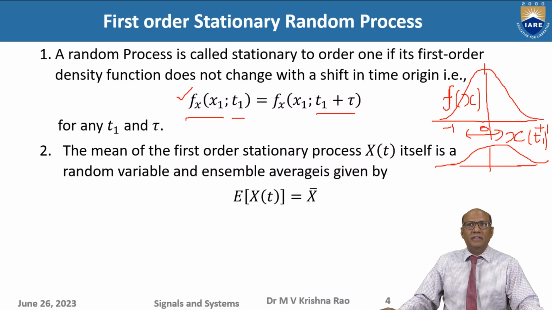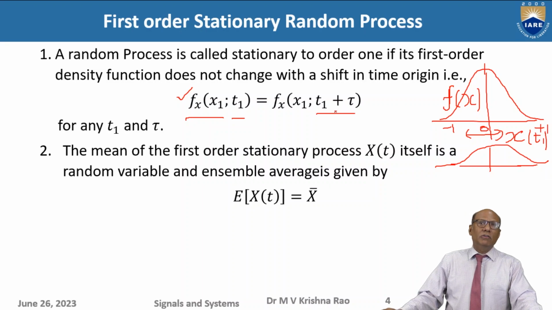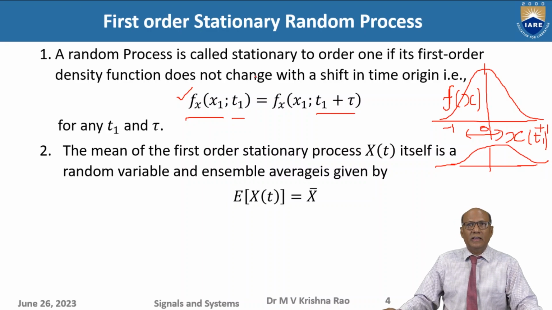Both are the same: at t equal to T1 and at t equal to T1 plus tau, at both vertical slices, if I take both variables, they have the same first order density function. That is for any T1 and any tau.